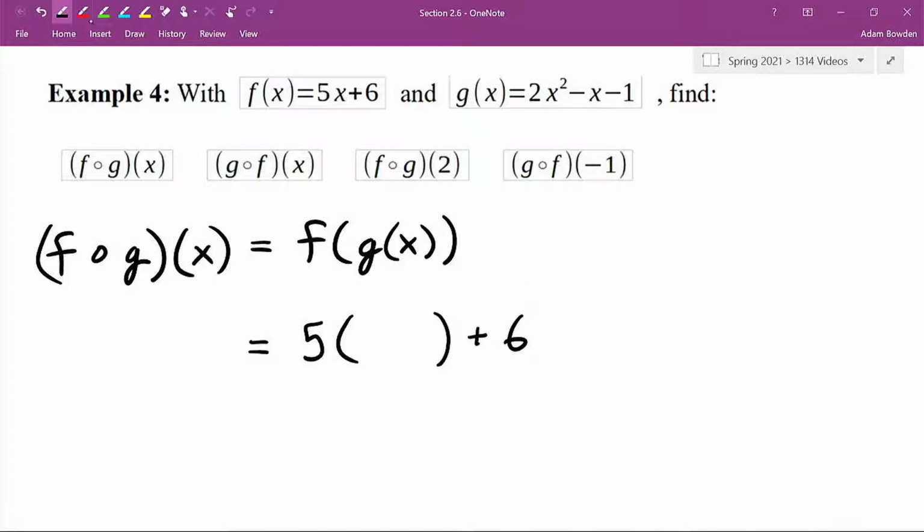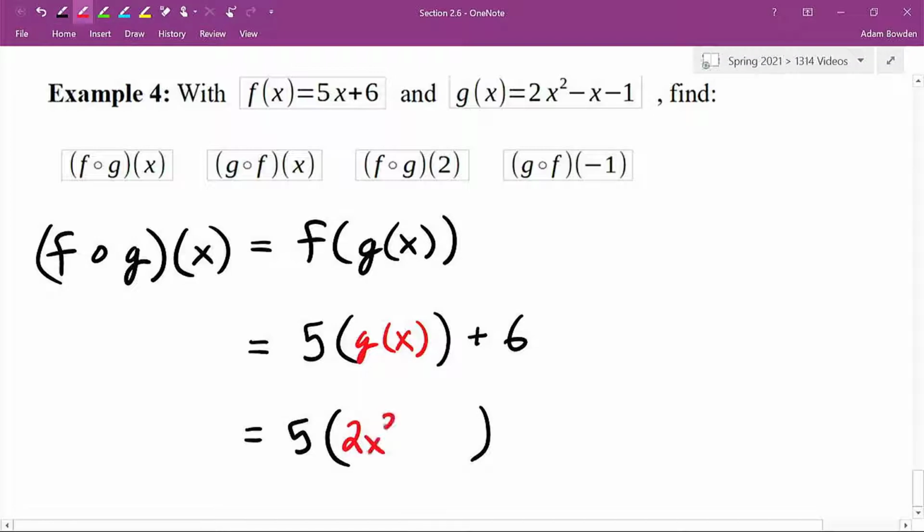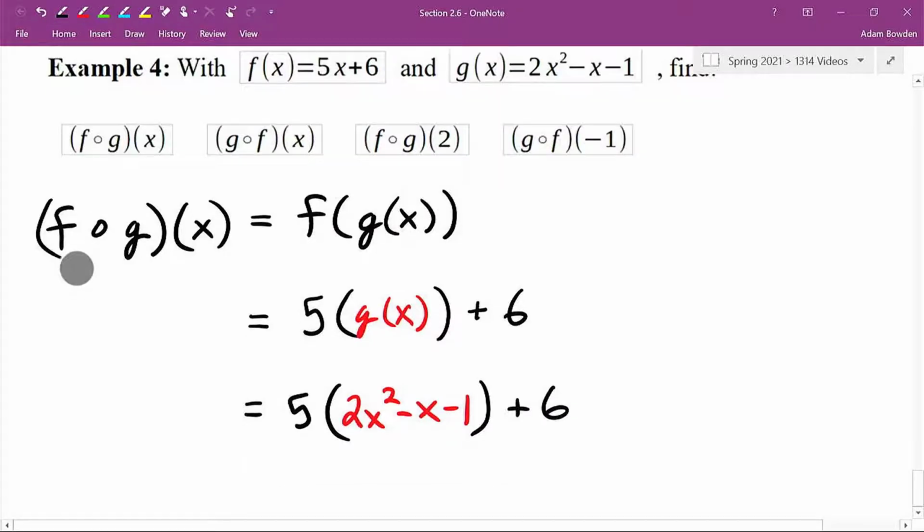Wherever x is located, that's where we're going to put the g of x function inside of the function f of x. So that would look like 5, and then g of x is the full thing of 2x squared minus x minus 1. So that's what it looks like when I put all that inside of the function f of x.